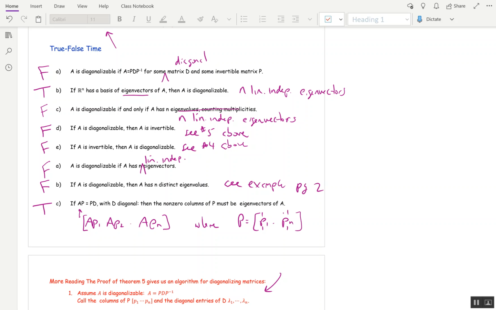Those are the columns. And then conversely on this side, PD, so this is AP, and PD is the matrix P, which has columns P1 through Pn, but then we're right multiplying by a diagonal matrix D, and we know that that will scale the columns of the first matrix.